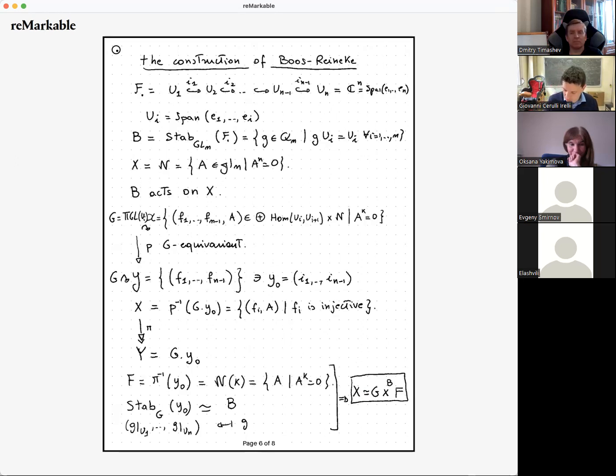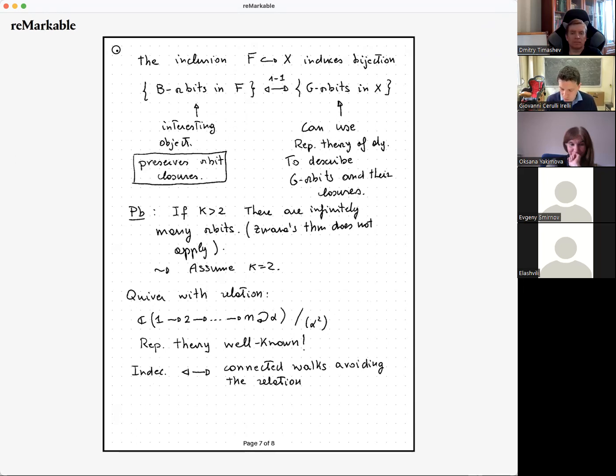So there is this general construction that allows to study B orbits inside the representation variety of a quiver. And the orbit closures for the Borel correspond to orbit closures for the structure group of the quiver, and the orbit closures for the structure group of the quiver are described by Zvara's theorem.